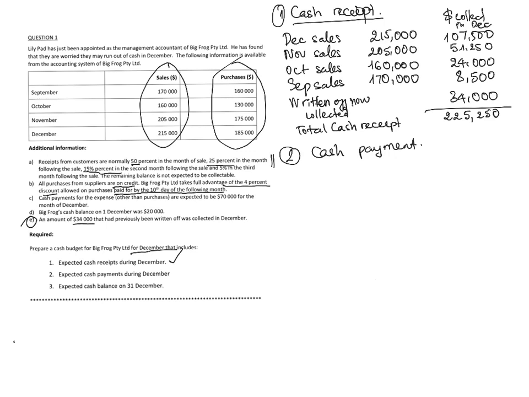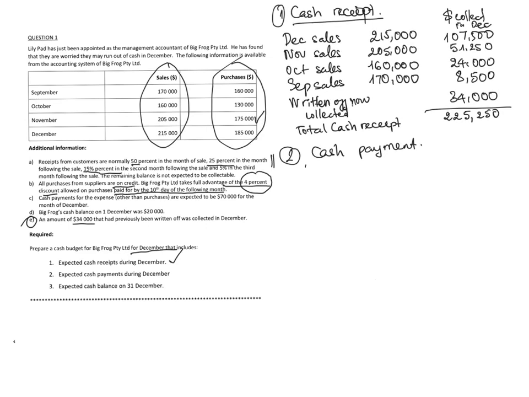So we will not use this amount, but we use the November purchase of 175,000, which will be paid in December. If they pay on the 10th of December, they can have the 4% discount. They say they take full advantage of that, meaning they actually paid on the 10th day of the following month to get the discount.